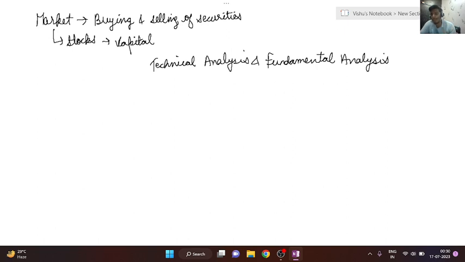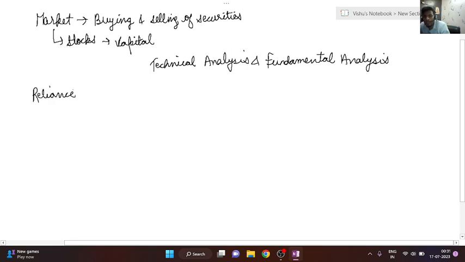If I give an example, suppose I am new to the stock market and I want to invest in a company. Let me make it very layman: Reliance Limited. Today is 2023, and I'm not checking past data, like how it performed in June, May, April.